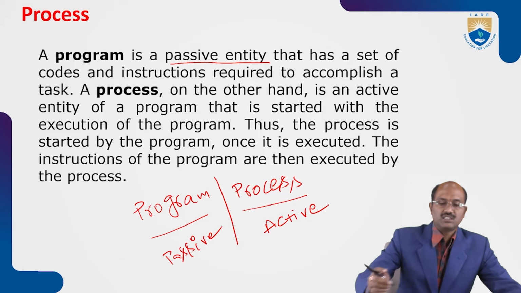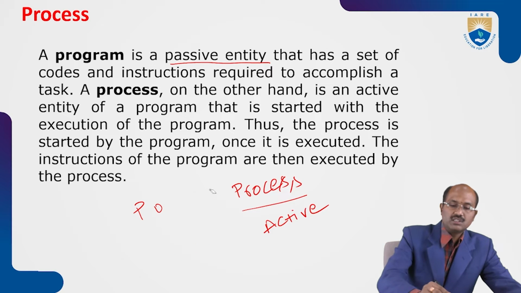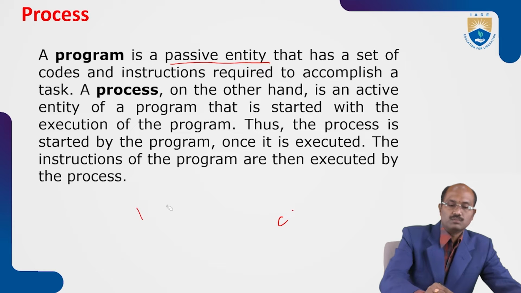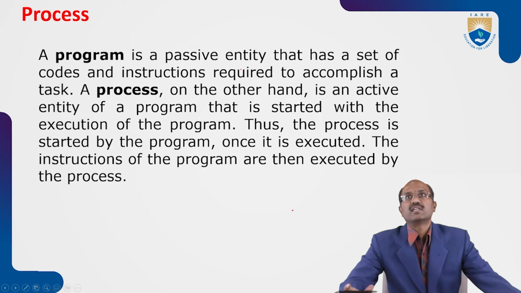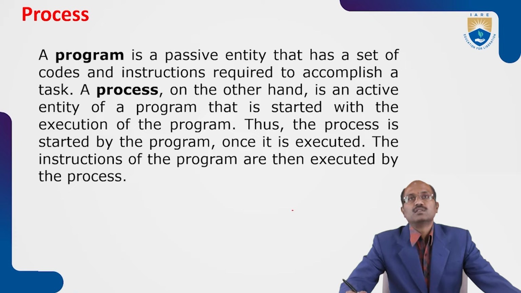The process is started by the program. Once it is executed, the instructions of the program are executed one by one in a sequential manner, and that becomes the process.